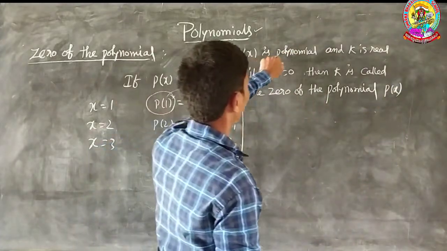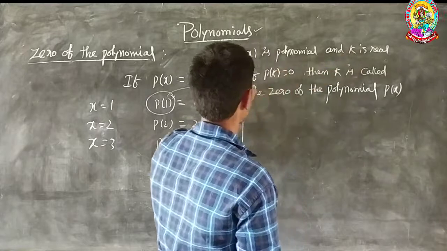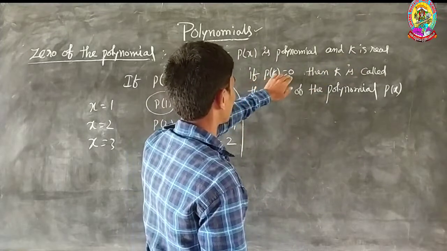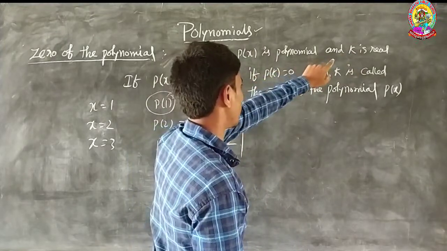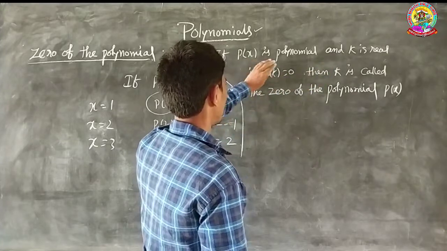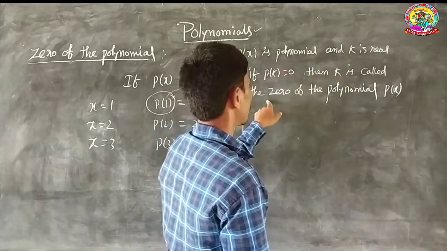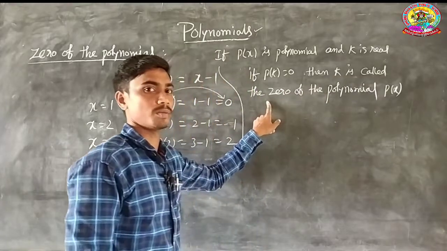If p of x is a polynomial and k is a real number, if p of k is 0, which means if you introduce k in place of x, that value is 0, then k is called the zero of the polynomial.